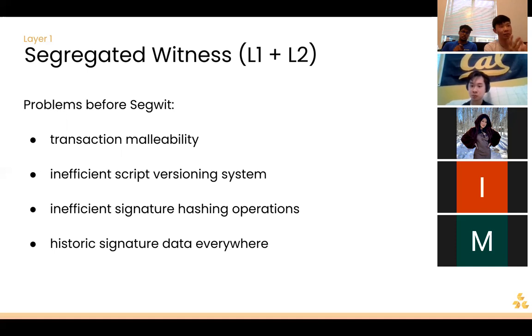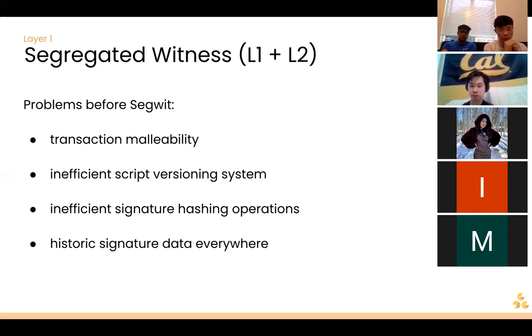So you could have multiple copies of the transaction in the Bitcoin network that all did the same thing, sent the same amount of money from Alice to Bob, but had different IDs. This leads to a network flood attack, where an attacker could spam the network with a bunch of the same transaction. So that's a roundabout definition of transaction malleability, and that was the main problem SegWit fixed.